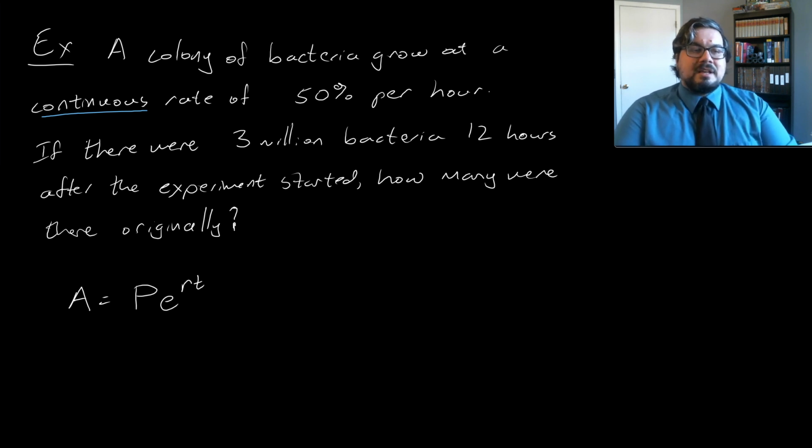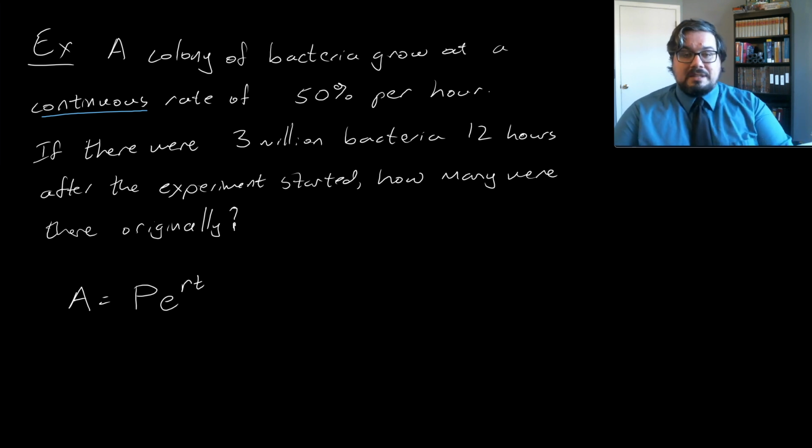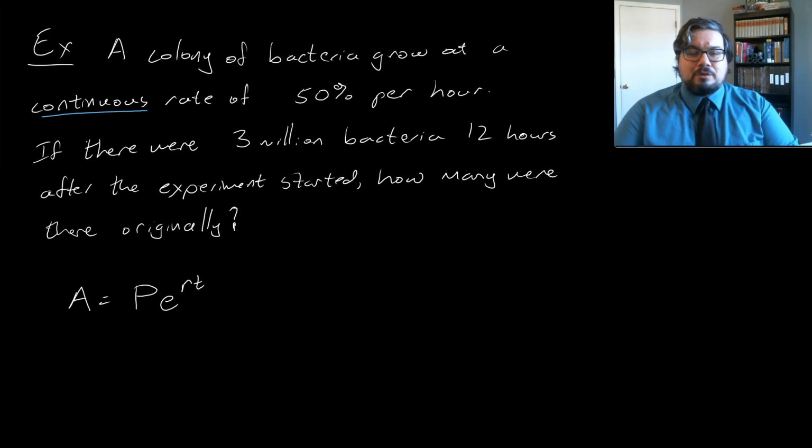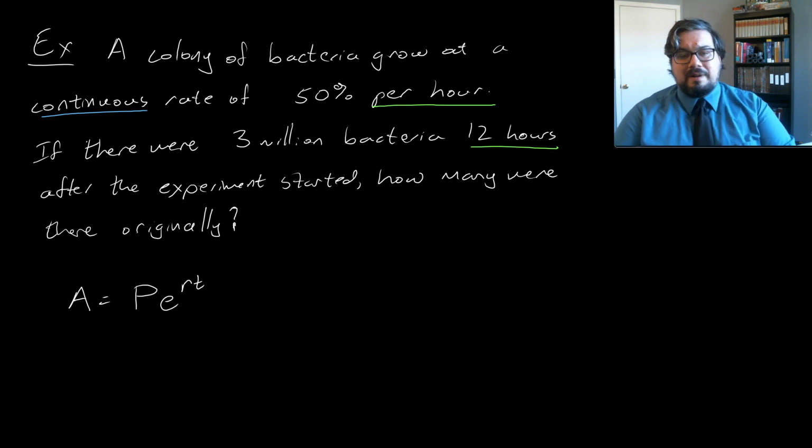Now, in this case, because we're not dealing with financial situations, the rates are not always given per year. What you need to make sure of is that the rate that you're given is being measured using the same units as the time that you use. In this case, they are.